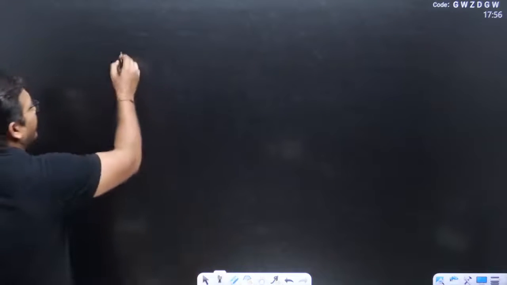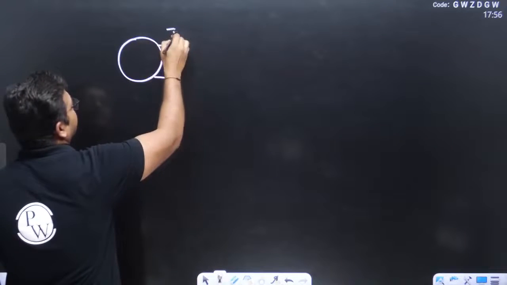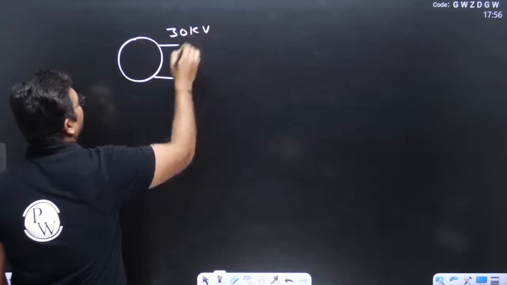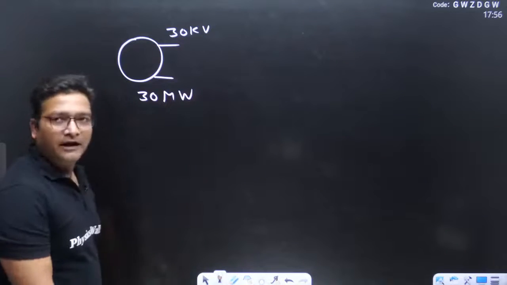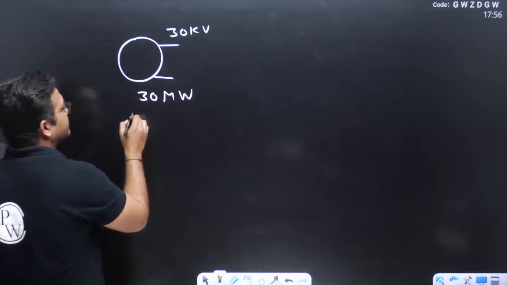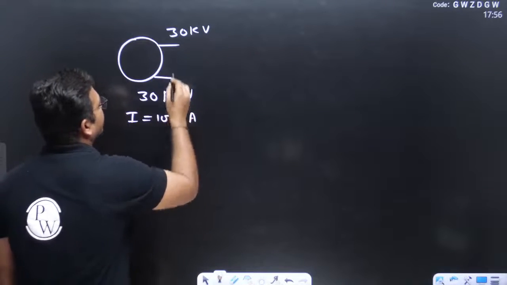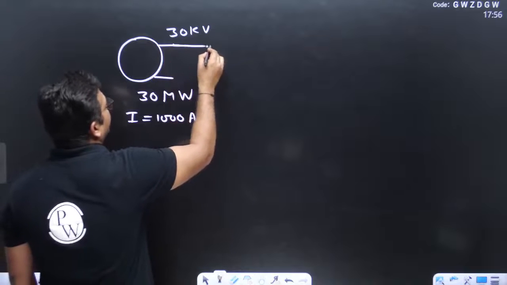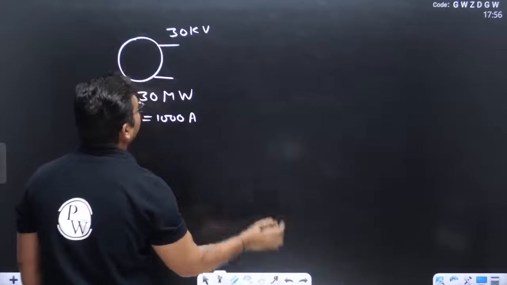Suppose again we have a generating station that produces electricity at 30 kilovolt. This is a 30 megawatt plant. Obviously the current here is 1000 ampere. Let us put here a transformer.